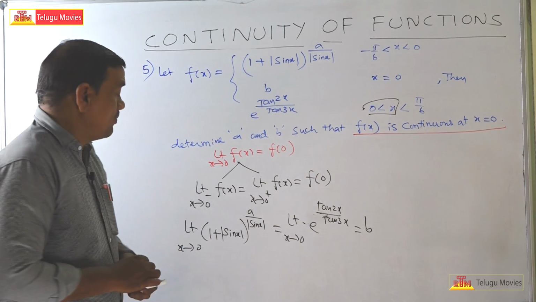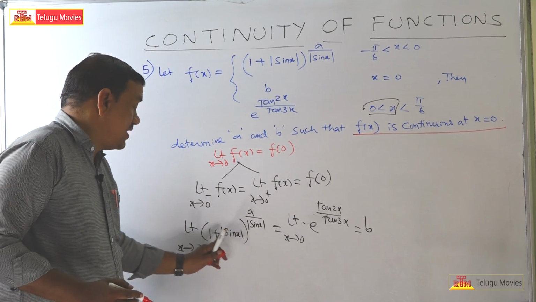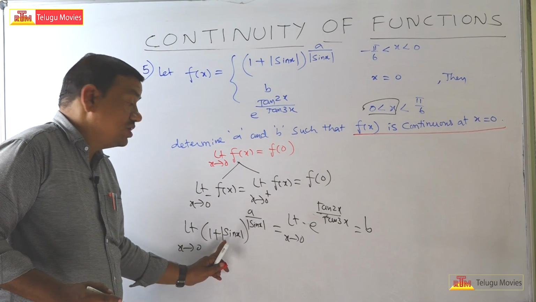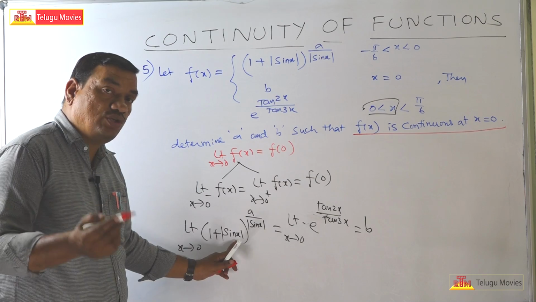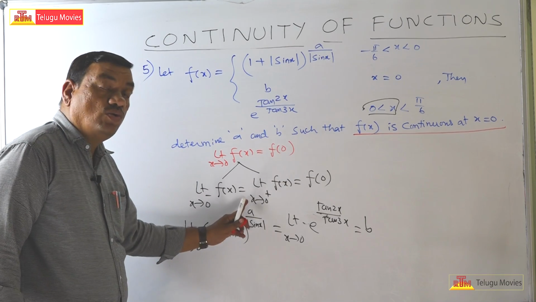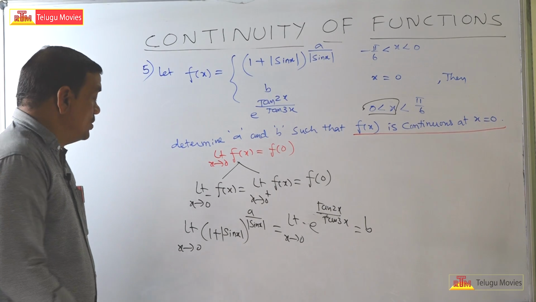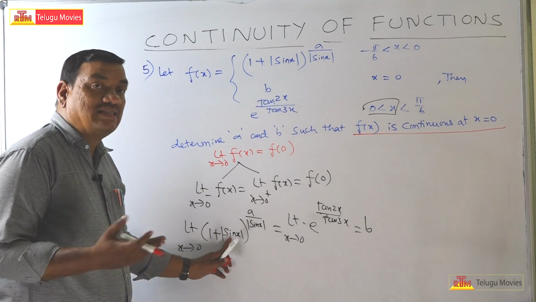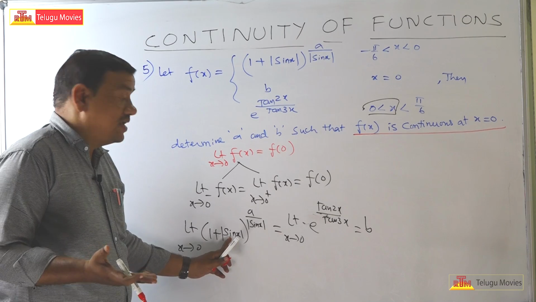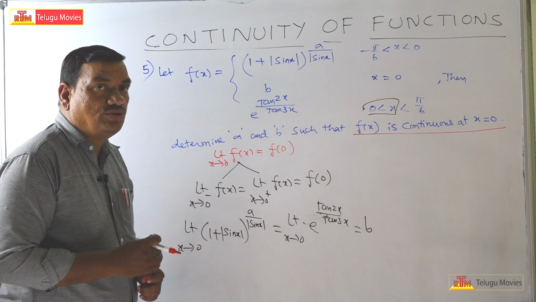Yes, almost the problem is over. See here, as x tends to 0, sin x also tends to 0. That means 1 plus modulus of sin x whole to the power of a by sin x. Put sin x equal to some t, as x tends to 0, sin x also tends to 0.